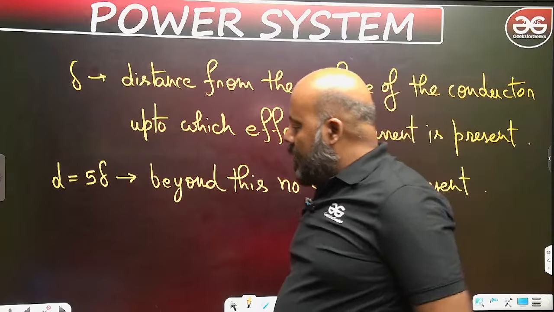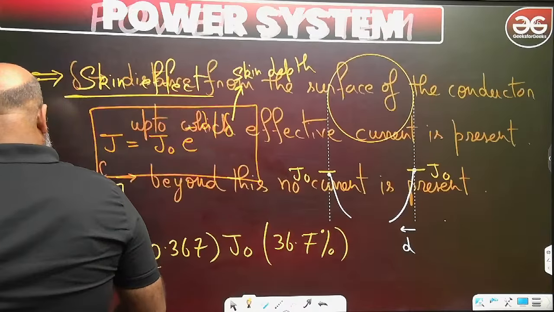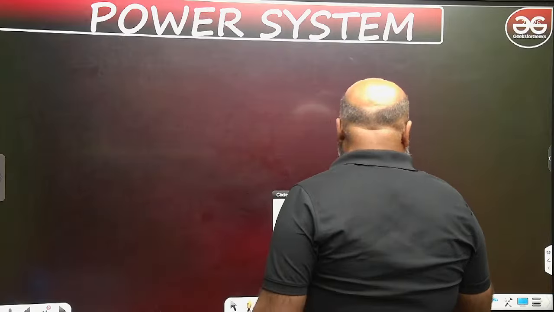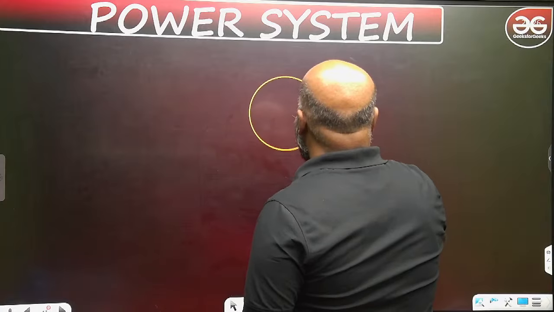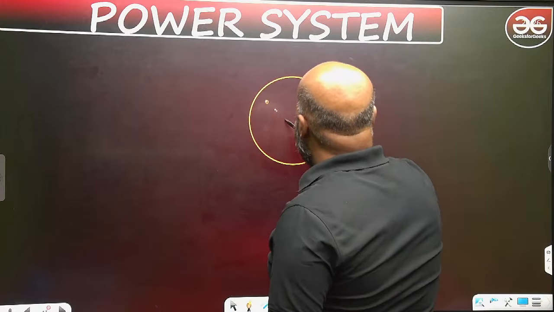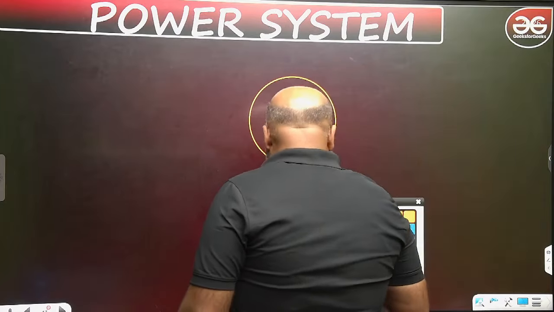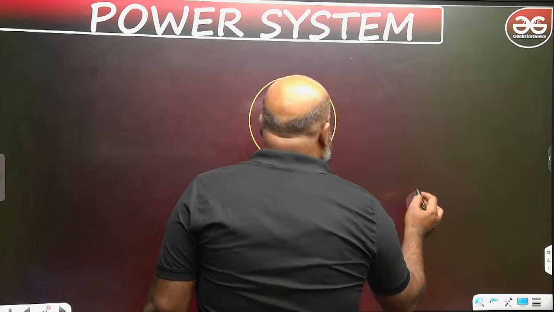Okay. So what is happening? If you see your conductor, the current is distributed like this.